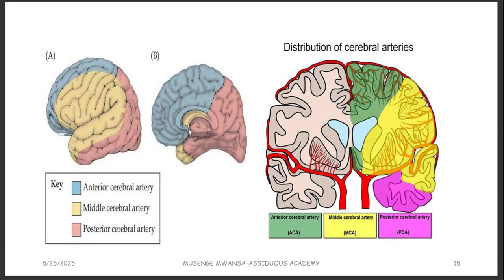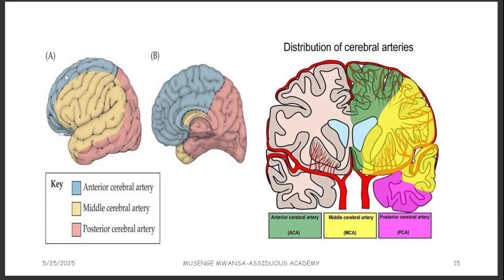So when you look at the three cerebral arteries that we described, we said we have got the anterior, the middle, and the posterior. So you need to know which parts they supply. These pictures A and B are showing us the supply of the external parts, the cortical areas, the cortex.